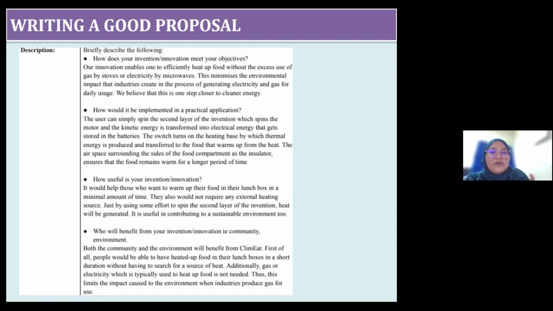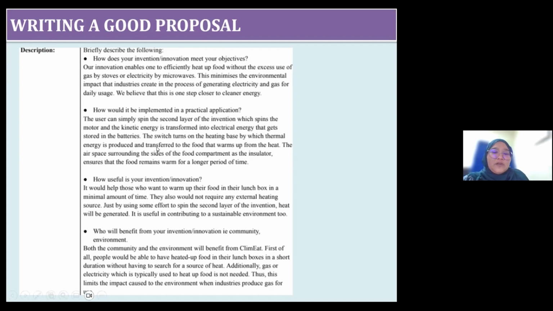Briefly, they describe what their invention is about, the methodology step by step, and how the innovation is to be utilized in practical application.